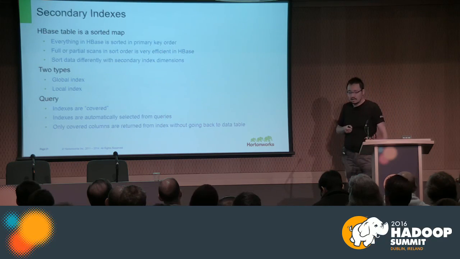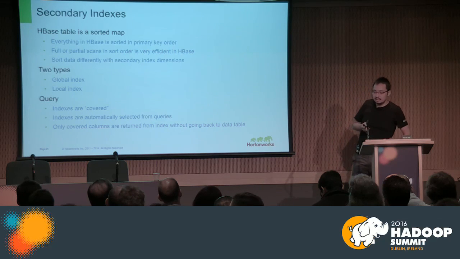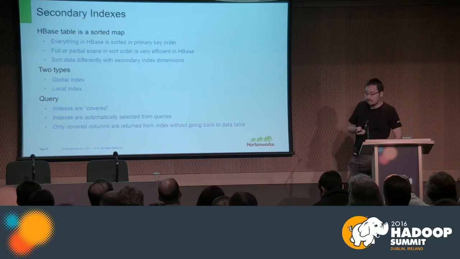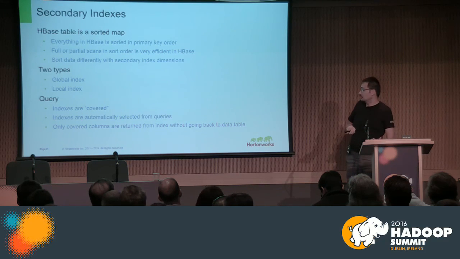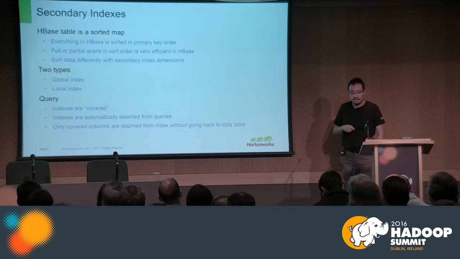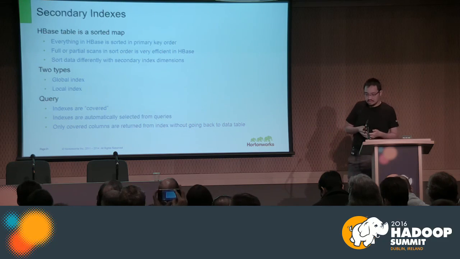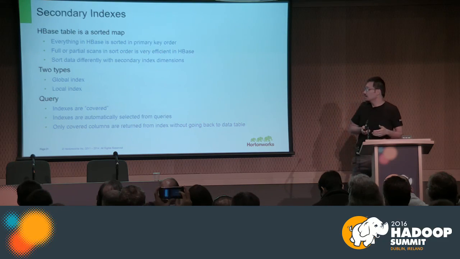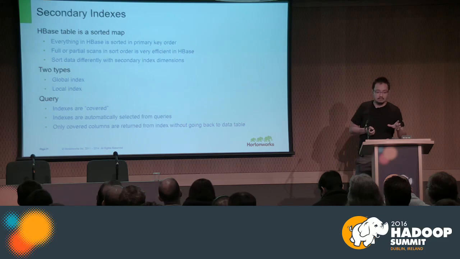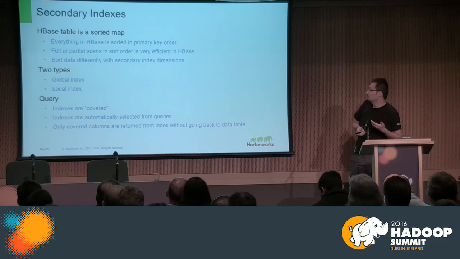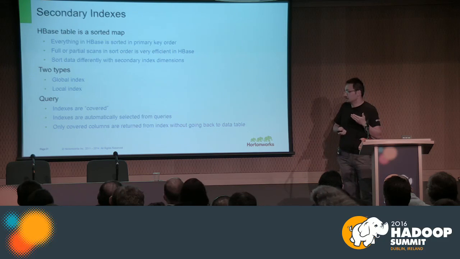All right. Phoenix also has secondary indices. You can define a global index or a local index in Phoenix, and since everything in HBase is a sorted map kind of thing, the secondary index would be another sort order for your data.